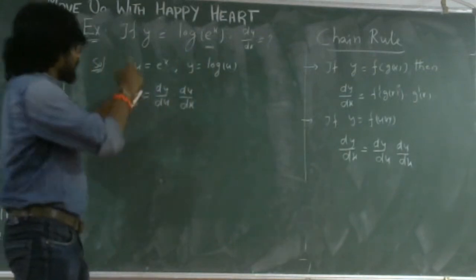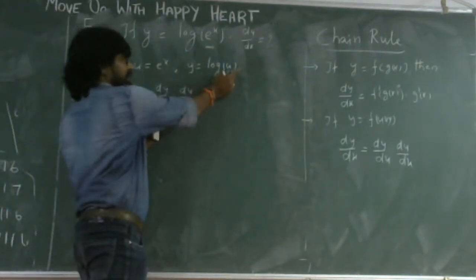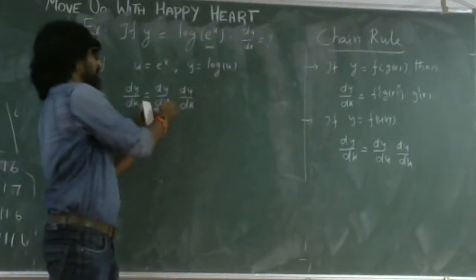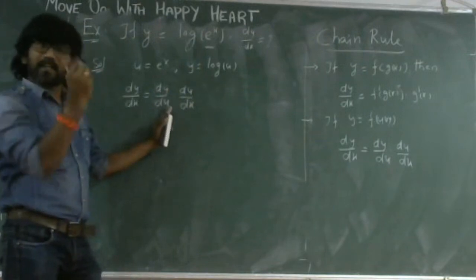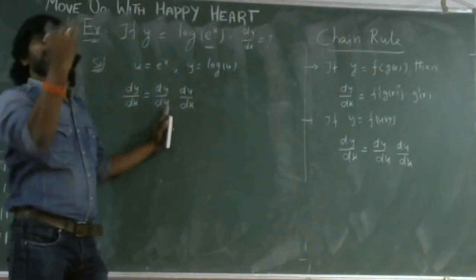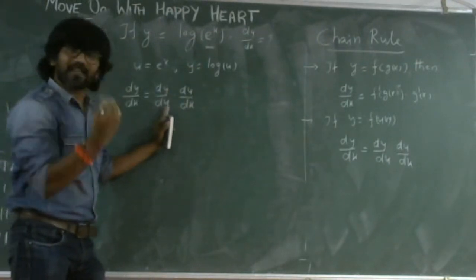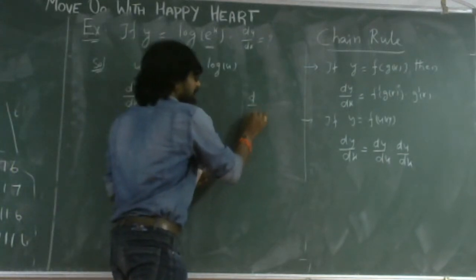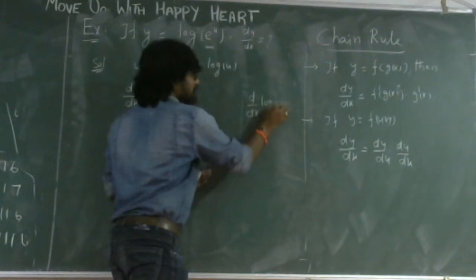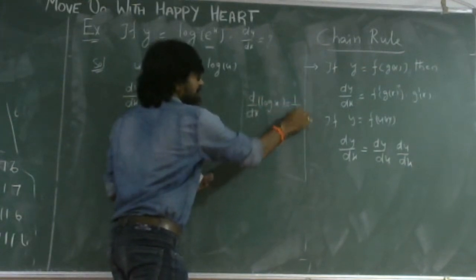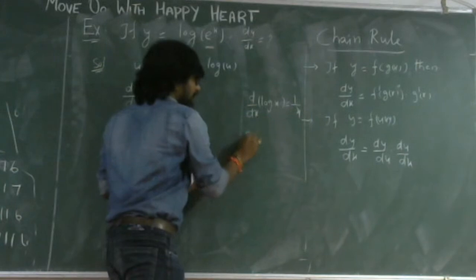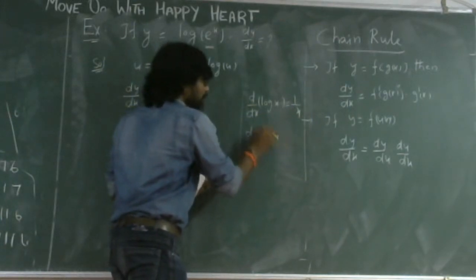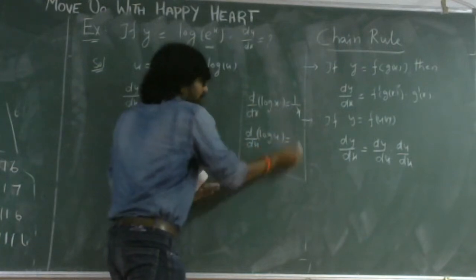First, dy by du, this is your function. With respect to u, if you differentiate, you get d by du of log u. D by dx of log x is 1 by x. In place of x, if you take u, d by du of log u, what do you get? 1 by u.